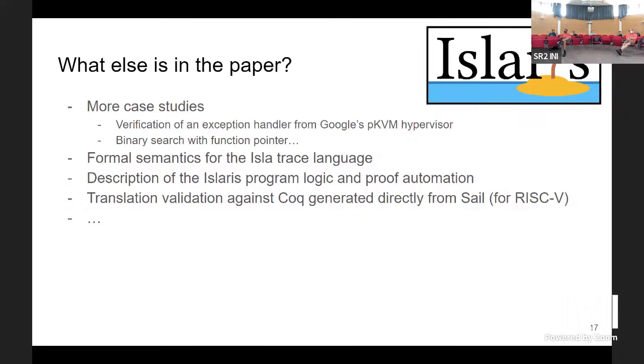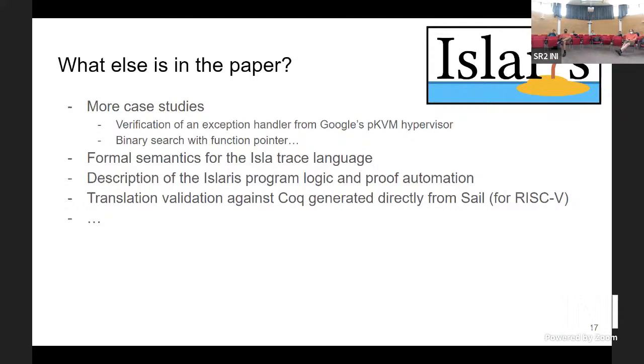The other big example that we handle is a binary search that takes a function pointer comparison function. It's not an enormously sophisticated example algorithmically, but in order to handle these function pointers in a machine code setting, we handle the C calling convention to represent how this works. And again, Islaris, at least in this example, handles the problems. We also give a lot more details of the formalism than I have time for here.